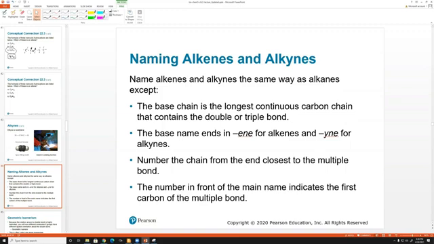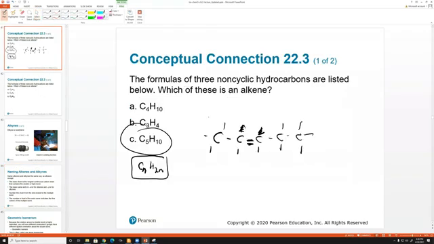Let's go back to that pentene example. This molecule would be called 2-pentene, because you have carbon 1, carbon 2, carbon 3, carbon 4, carbon 5.